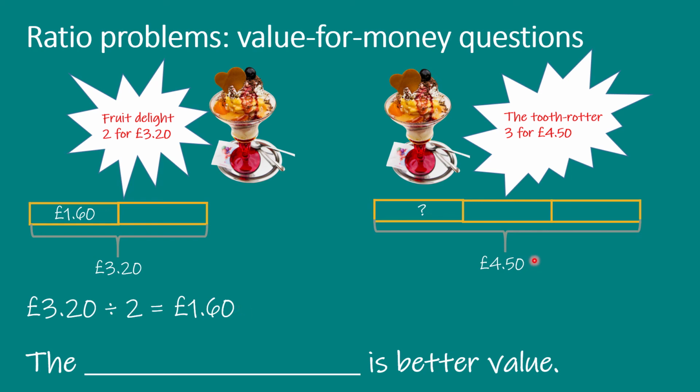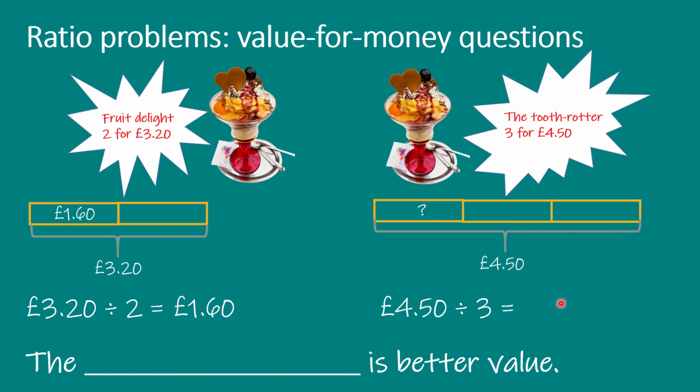Going over to the Tooth Rotter, what's the calculation? It's £4.50 divided by 3. The whole's being split up into 3 equal parts. So how would you do that? Again, I would do that mentally. For me, it's most efficient, but you should choose an efficient method for you.